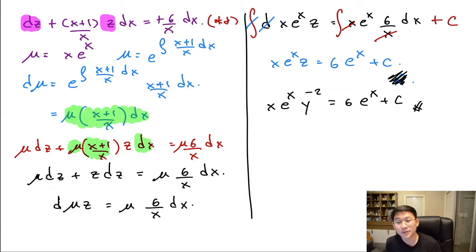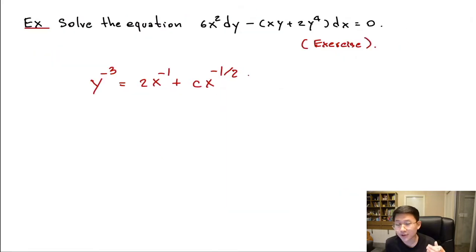I need to substitute z by y to the power of minus 2 back into the solution. And this one as well, you can try it, okay? You're going to get this solution. If not, we can talk about that in the live class.